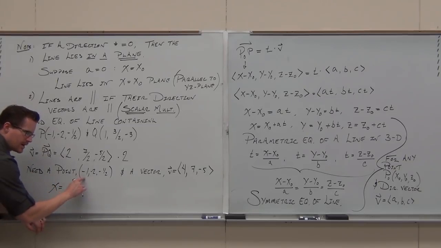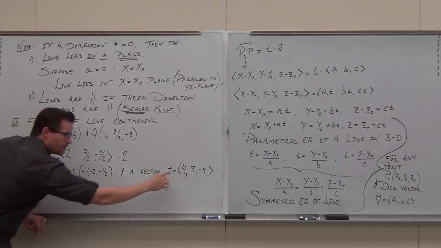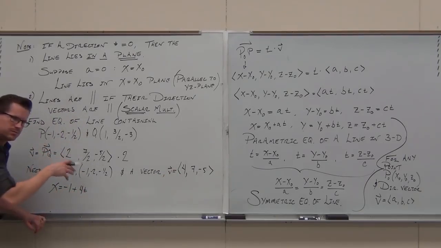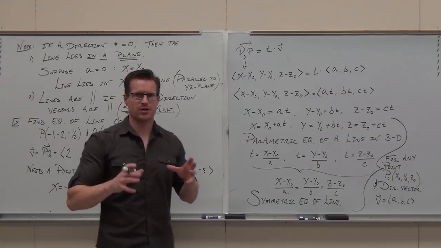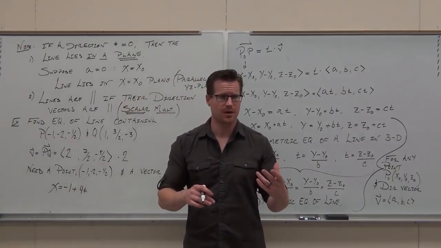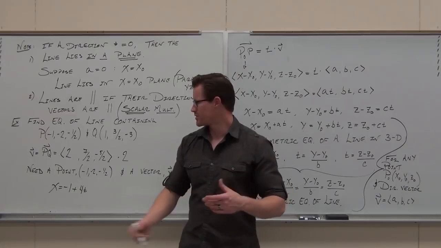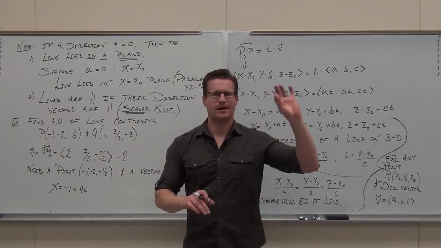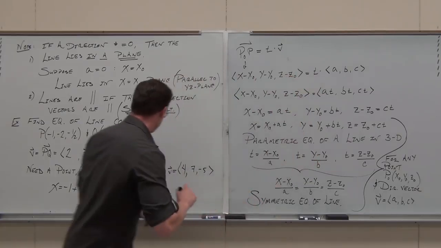We need an x coordinate, a direction number, and a parameter. That right there is the little equation for how the x coordinates work for any point on this line. That's pretty awesome. It says, hey, you want to find an x coordinate for any point? Just plug in all the values of t that you want, and you find these points in line. Well, at least x coordinates right now.